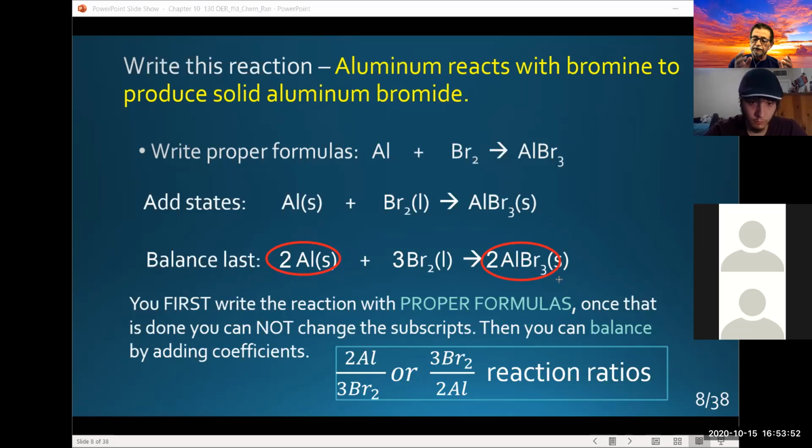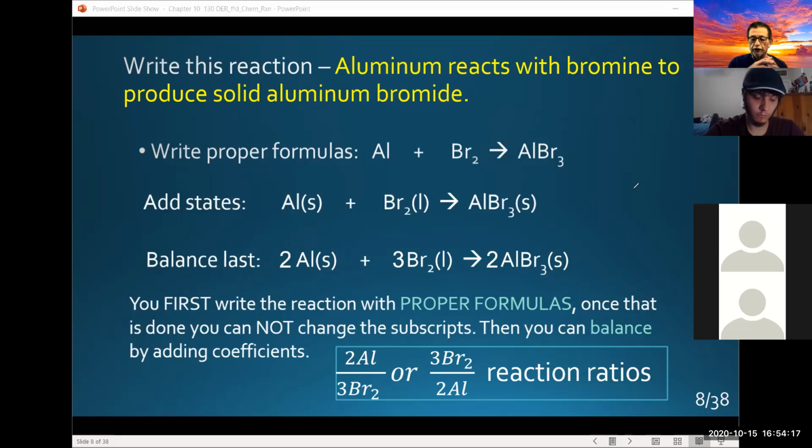And so if I started with 10 aluminum bromides, I need 10 aluminums. But more on that down the road. So this is just the beginning of first balancing the equation and then recognizing the ratio of reactants and products.